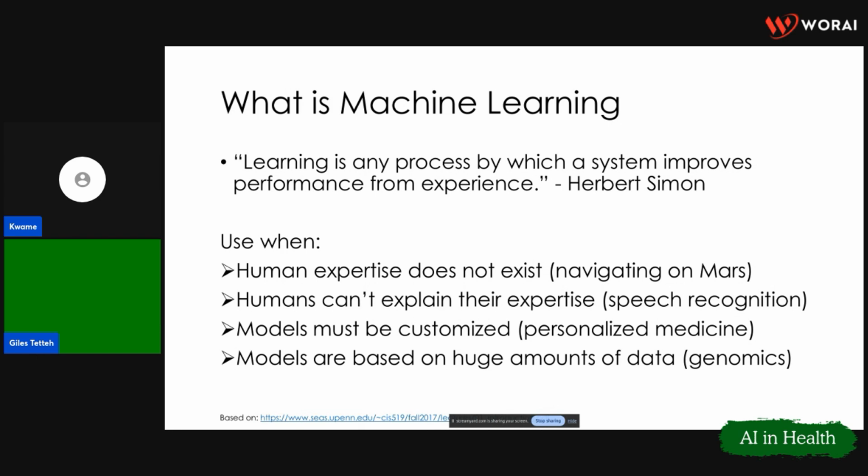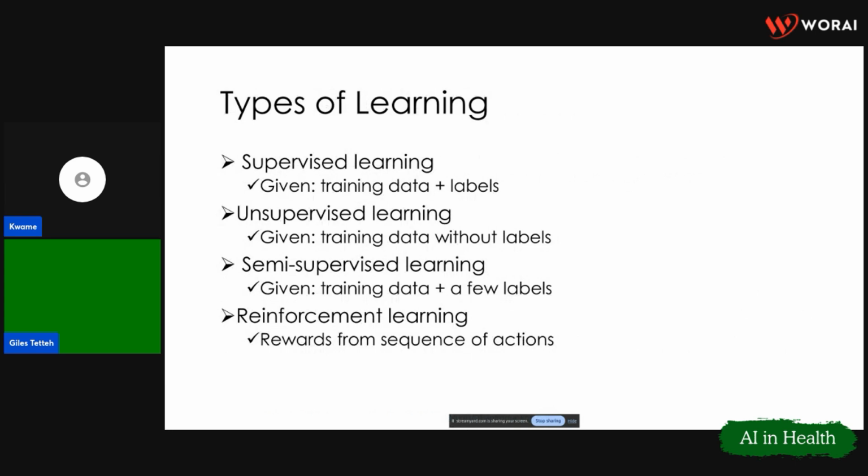And then there are situations where the amount of data to learn from is very huge, so that human beings cannot easily learn from that data and make predictions, but machines can do this given enough processing power, of course. So these are the cases where we use machine learning.